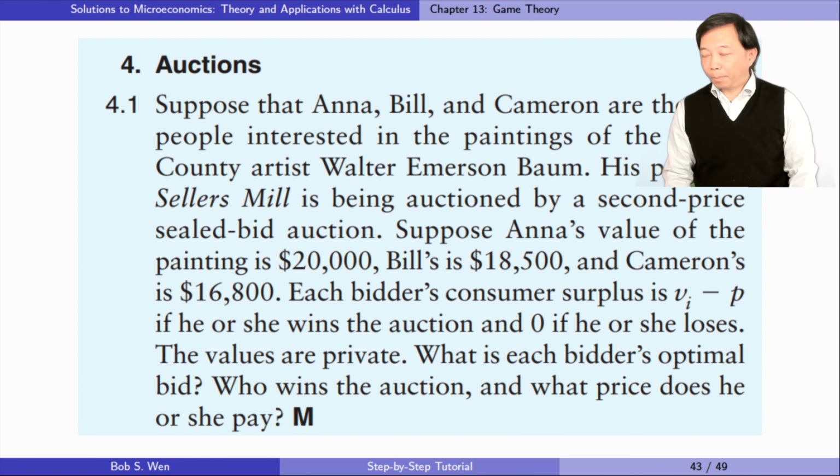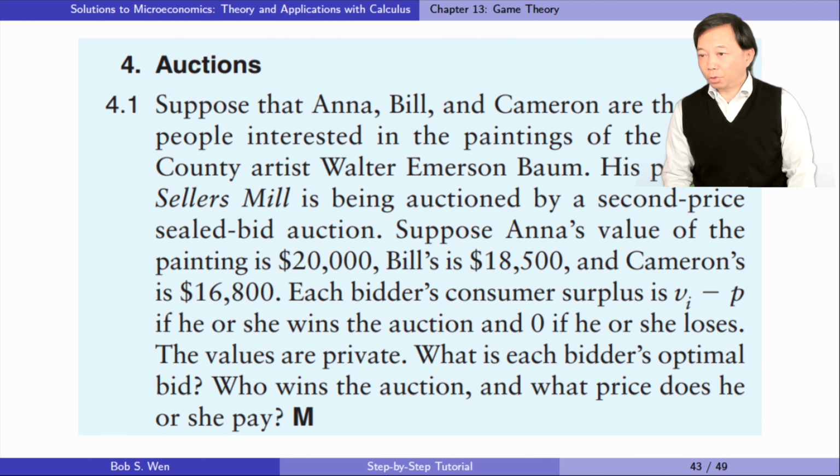Here's exercise 4.1. It is about a second prize sealed bid auction. Suppose Anna's value of the painting is $20,000. Bill's is $18,500 and Cameron's is $16,800.